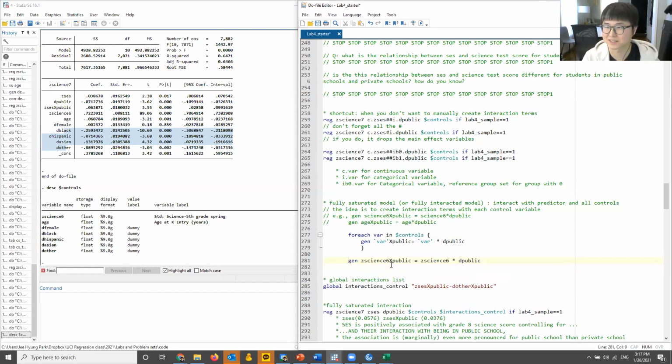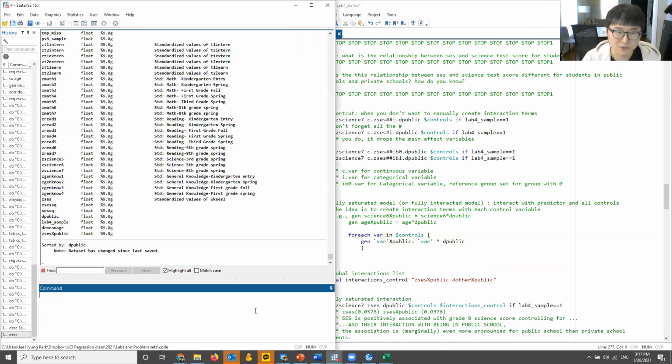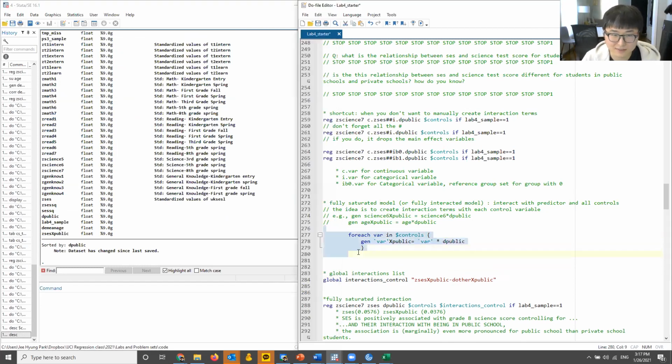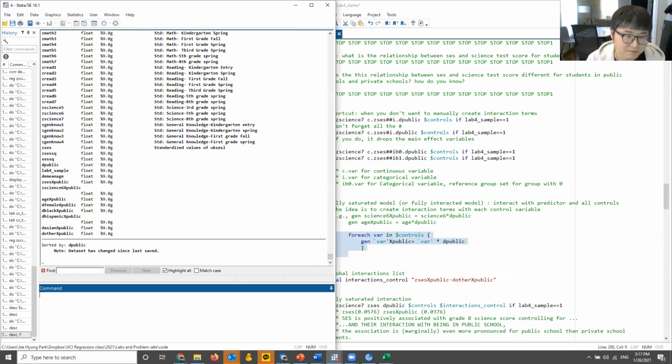This is just a loop. So that you can see where the end of our variable list is, if I run this, it creates now zscience6 times public, age times public, dfemale times public, black times public, and so forth. That's all that this did.